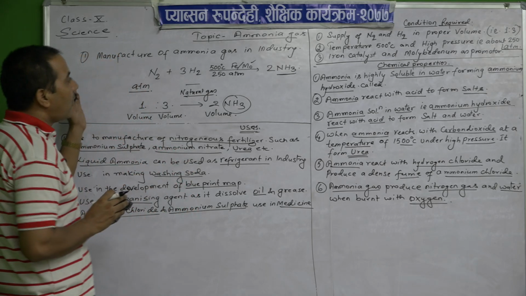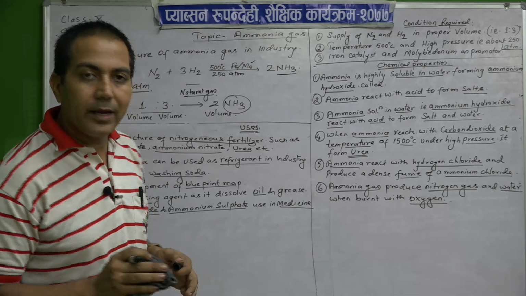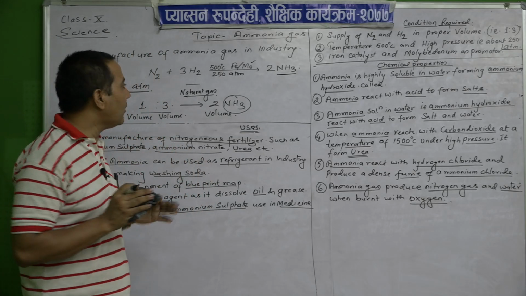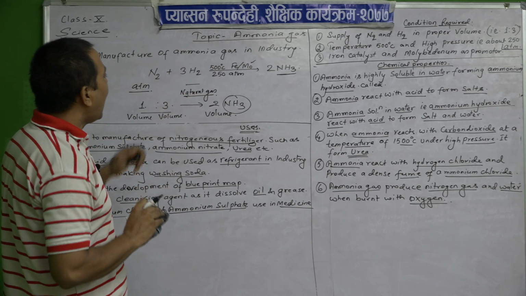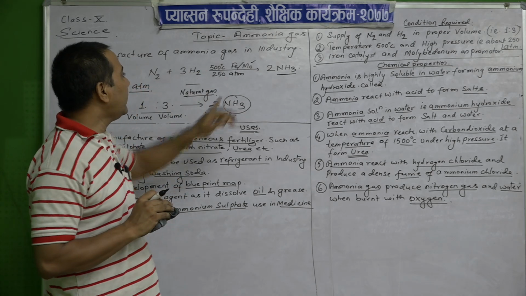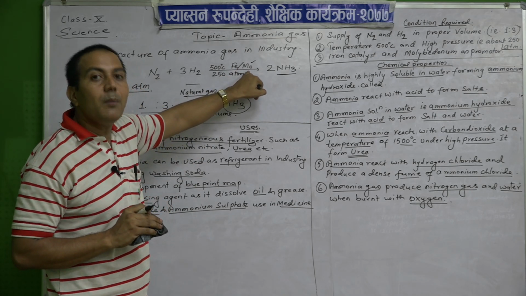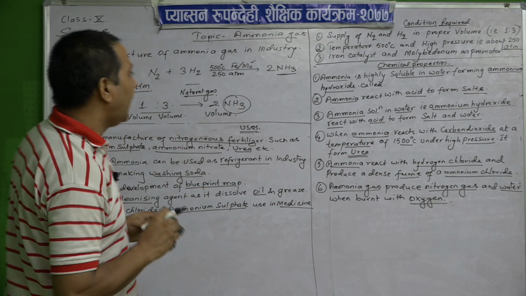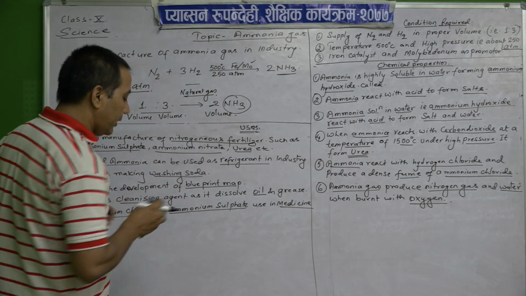So, for the manufacturing of ammonia gas in industry, we need atmospheric nitrogen gas 1 volume, whereas 3 volumes of hydrogen gas obtained from natural gas, and these are passed through 500 degrees Celsius in temperature with iron as catalyst and molybdenum as promoter, and the atmospheric pressure is approximately 250 atm, and we produce 2 volumes of ammonia gas.